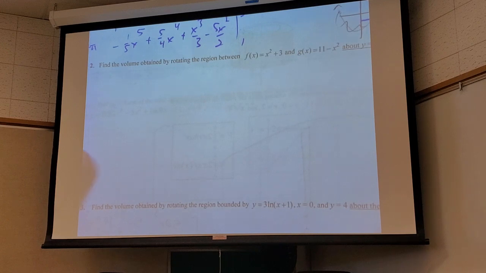All right. Now, just look at number 2 and look at number 3. Don't say anything. See if you can identify disks or shells for each one.